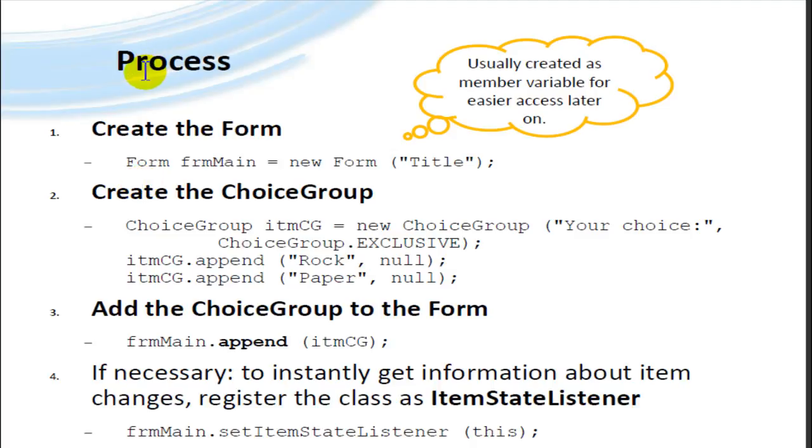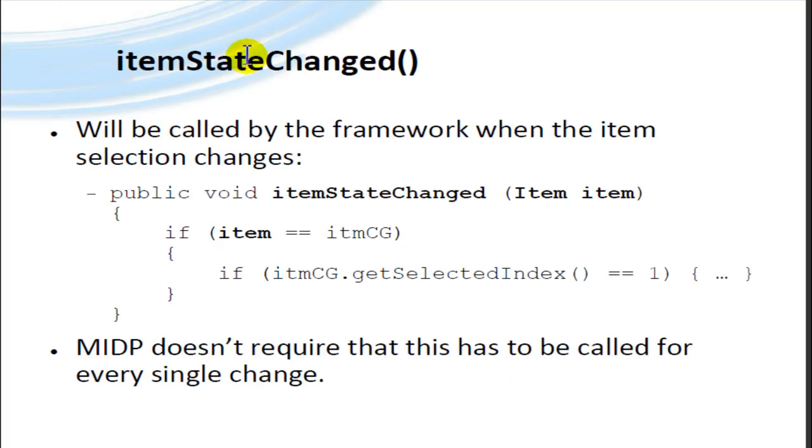And here we will have an itemStateChanged method. The itemStateChanged method will be fired if there are state changes on the form, or on the items that are on the form. If there is some state change, they will be listened to. So this is what we have discussed a lot, this itemStateChanged method.